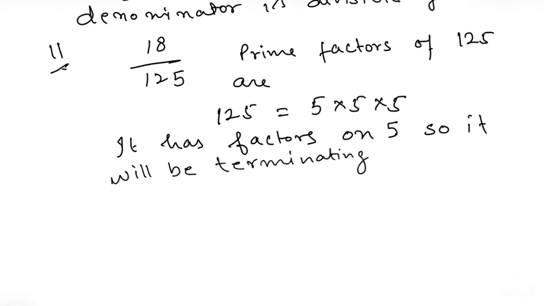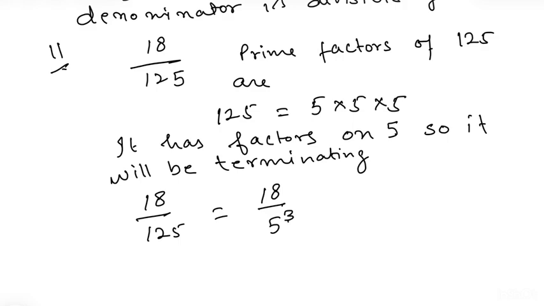So when it is terminating, then the next part of the question is, if it is terminating, state the number of decimal places. We need not write in decimal, but we have to tell after how many places of decimal the remainder will become 0. So 18 upon 125 is equal to 18 upon 5 raised to power 3. To put the decimal, we see how many zeros are there in the denominator. So I have to make here 10 raised to power something.